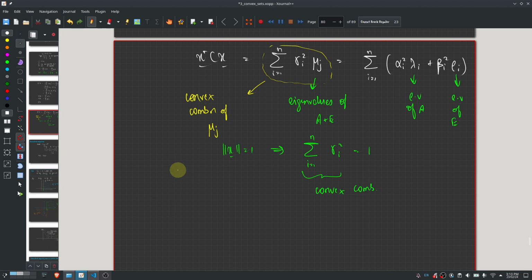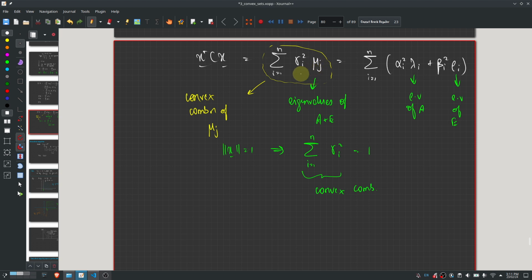If gamma i is 1 by root n, okay, that is the case, but I'm not interested in that, right? So I'm interested in the maximum over all j of mu j.